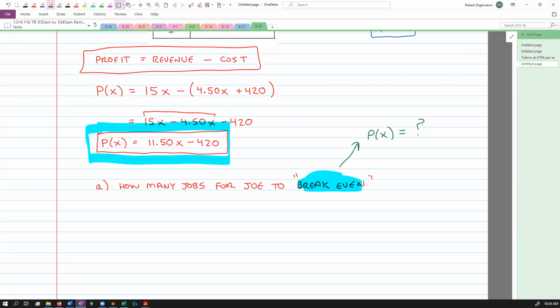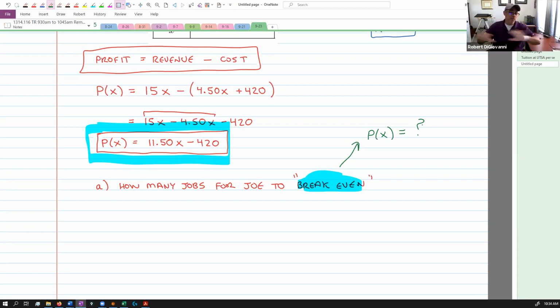Profit is like at the end of the day, when everything's paid for and he's brought in the money, how much money does he have in his pocket, right? If we don't want him to lose money, but we also don't want him to gain money, then we need his profit to be what? Would it be 420? Not 420, because that would mean he gained $420. His profit needs to be zero, nothing, right?